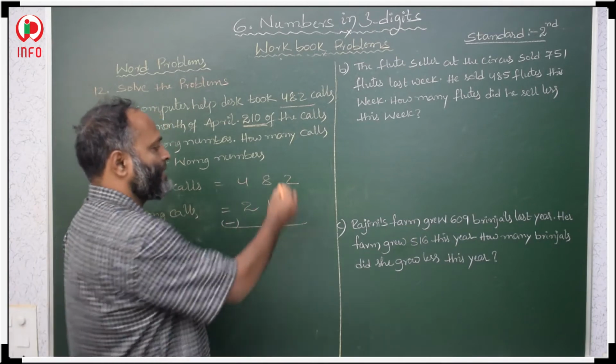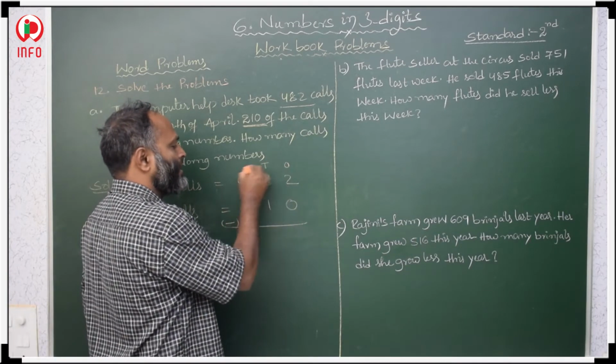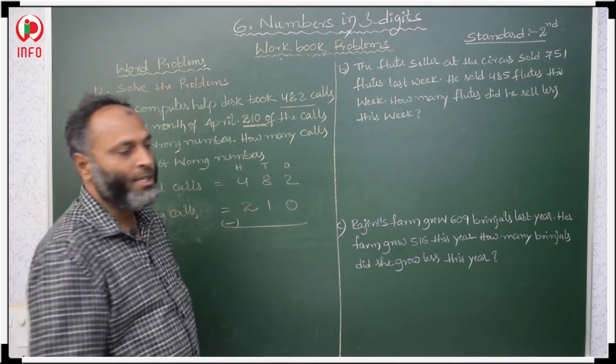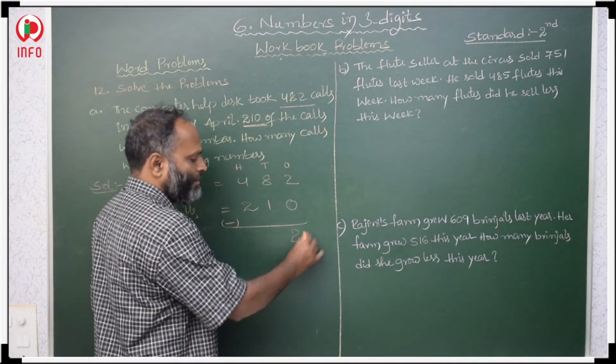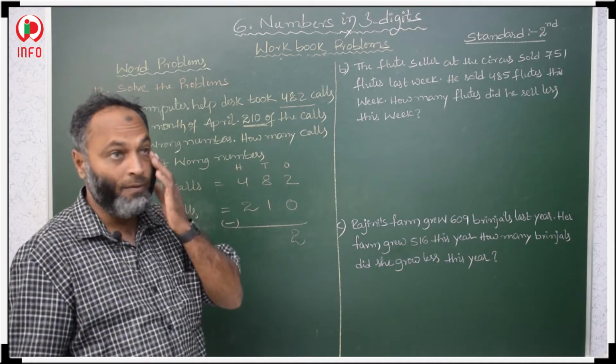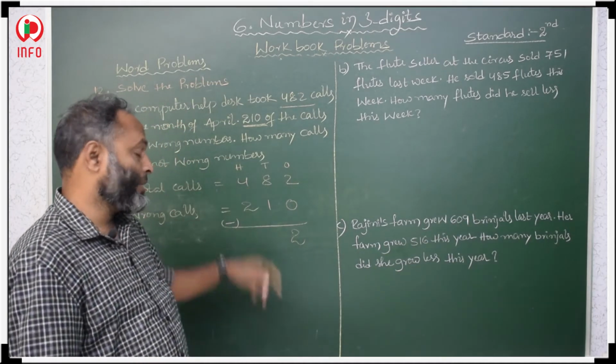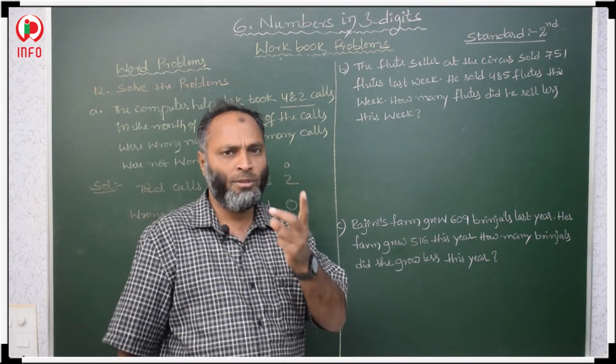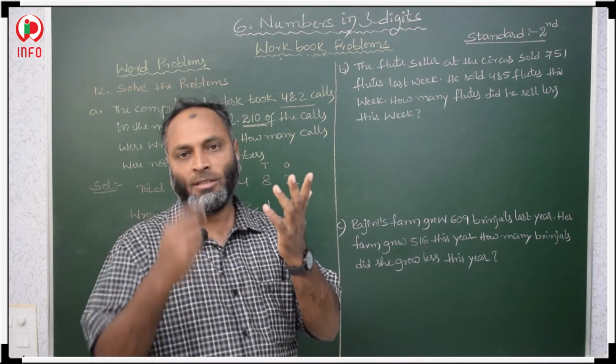First this is ones place, this is tens place, this is hundreds place. 2 minus 0. Any number minus 0 is the same number, the number itself. 8 minus 1. 8 is a bigger number, we can minus it. Then 2 to 8 we have to count: 2, 3, 4, 5, 6, 7, 8.